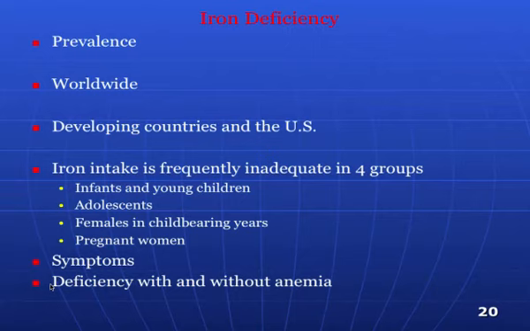And it's more common in developing countries, but it's also relatively common in the U.S. In developing countries, almost half of preschool children and pregnant women have iron deficiency anemia.